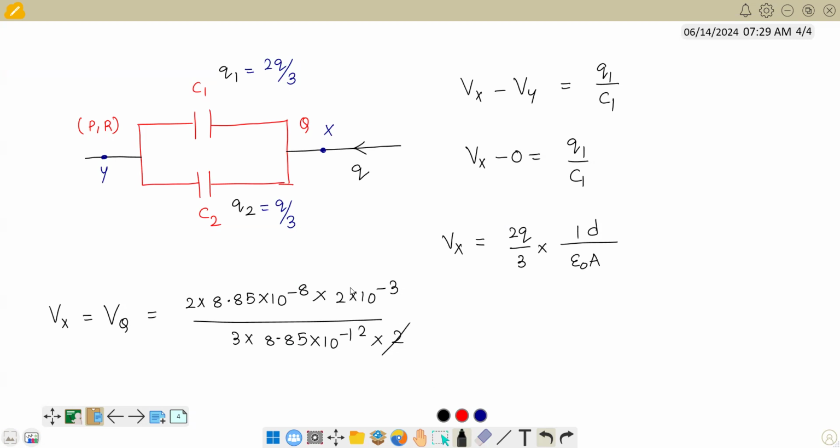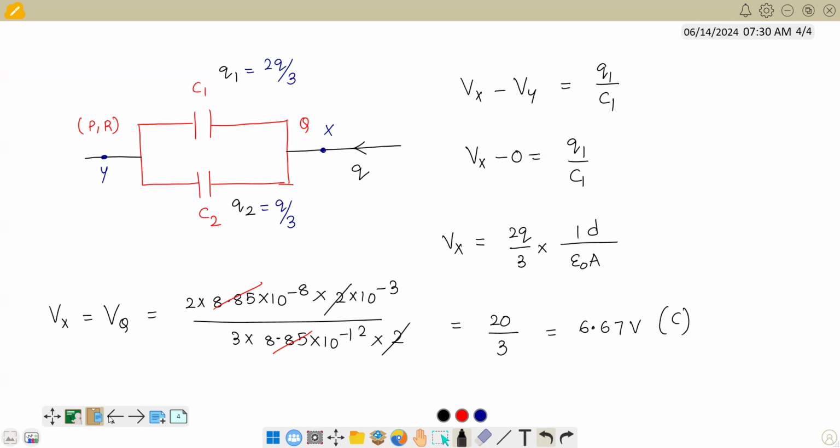So if we solve this, we can cancel these two. We can cancel these two. So we finally get 20 by 3 because 10 power minus 8 minus 3 plus 12 minus 12, so 20 by 3. So you'll get 6.67 volts, which is our option C.